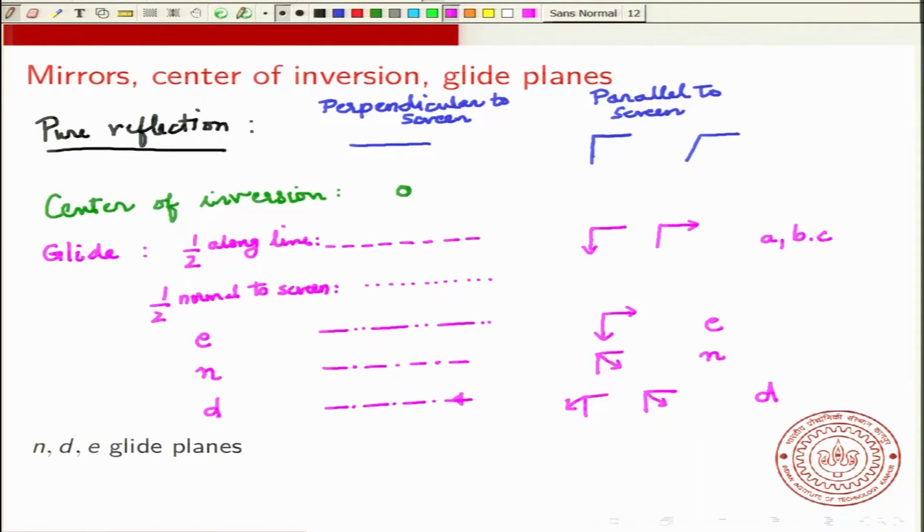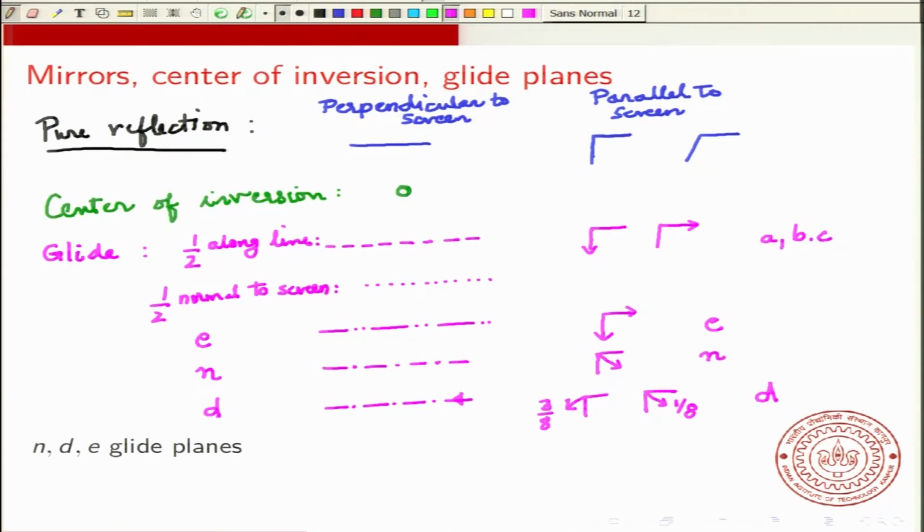You could have things like this, where the arrow shows the direction of the translation. And usually the length of this arrow will be denoted, so if you have a 1/8 translation or a 3/8 translation in this case, these will be the lengths of the arrows. Again, this would be a diagonal and this would be a diamond glide.